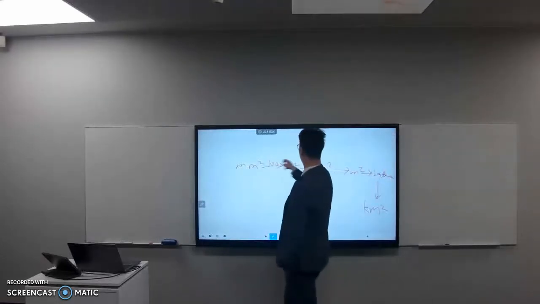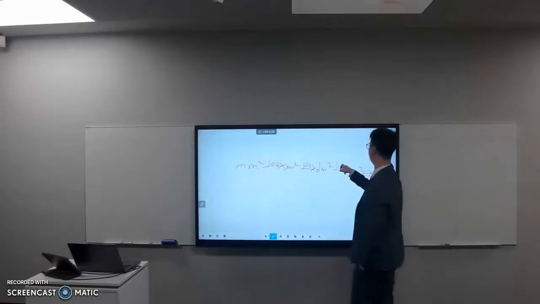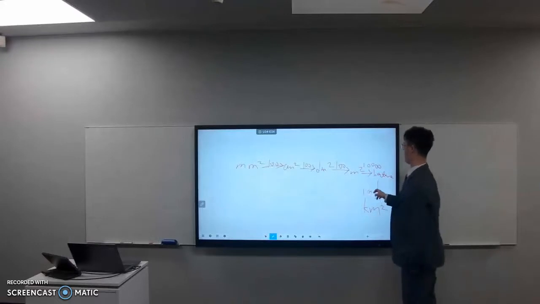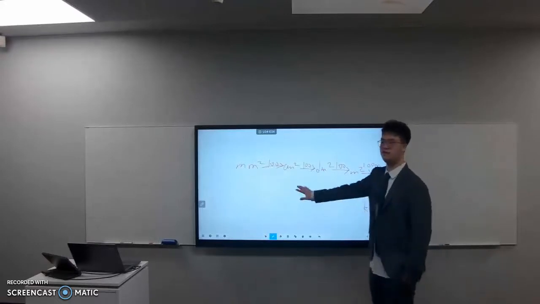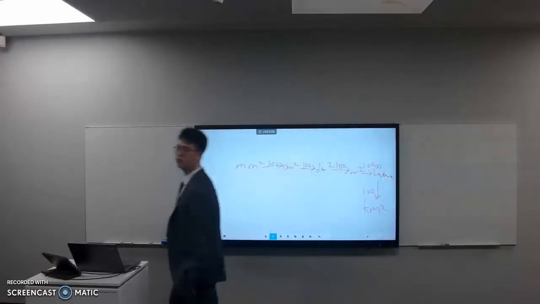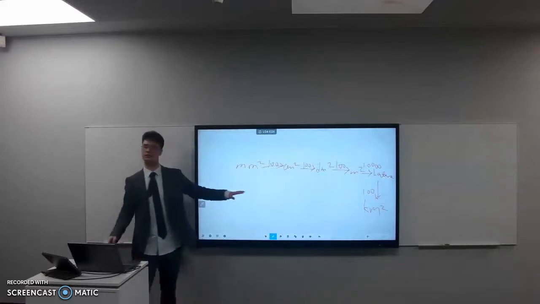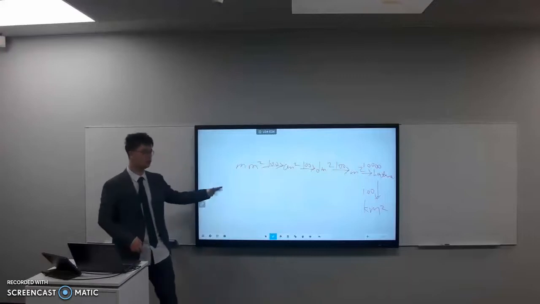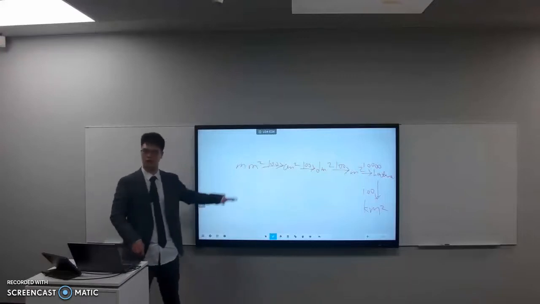So 100, 100, 10,000, and 100. This is the conversion between them. Make sure you memorize this very well. If you don't memorize it, you can just draw the squares and calculate it.